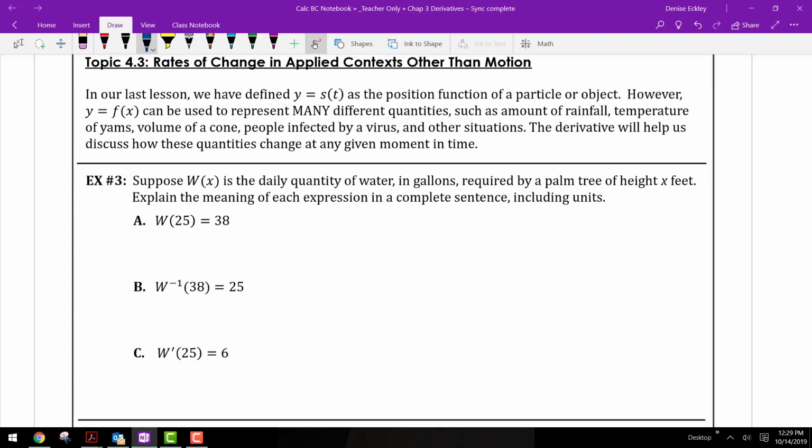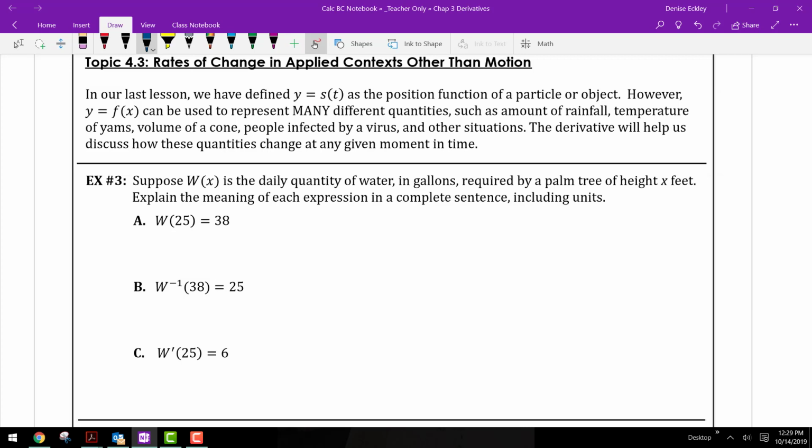So the next example, suppose W of x is the daily quantity of water in gallons required by a palm tree of height x feet. Explain the meaning of each expression in a complete sentence, including units. So here we have the original function. Our x is now replaced with 25, and that is the height of the tree, and the value of the function is the quantity of water.